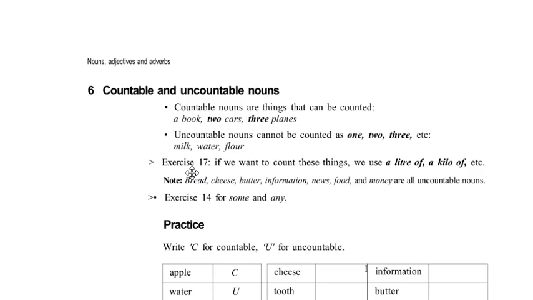I saw one book on the table. There are 2 cars on the road. The 3 planes were broken. So you can count them, okay?